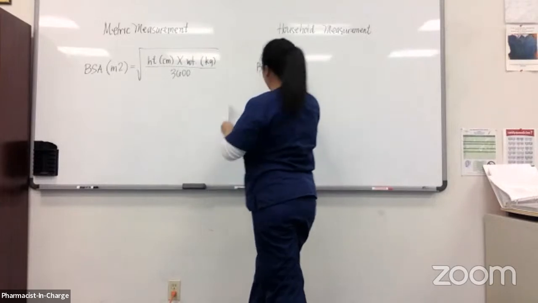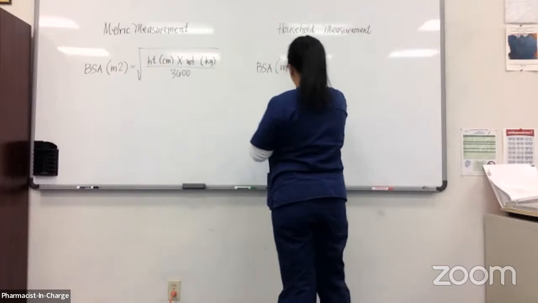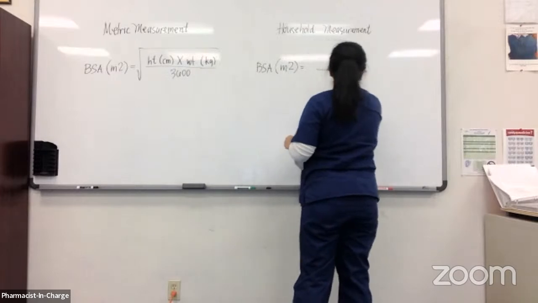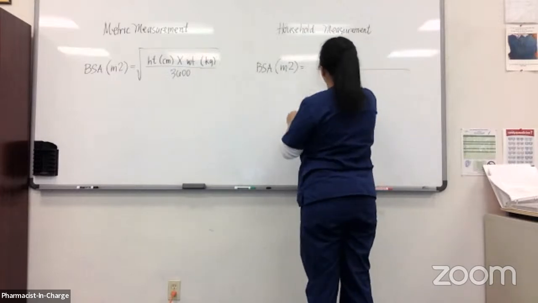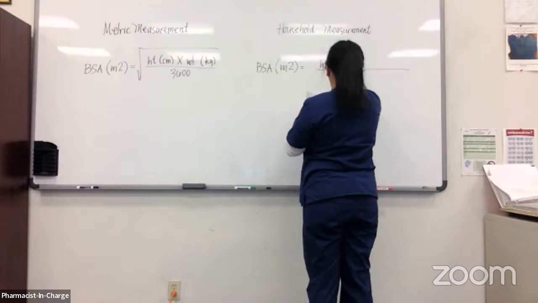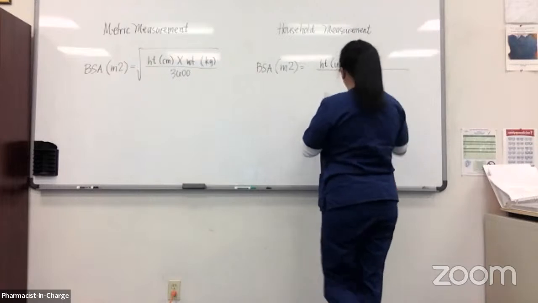Okay, homework. Know the formula for Young's rule, Clark's rule, and Fried's rule. Those 3 sometimes come up on this test. Young's rule, Fried's rule, Clark's rule.